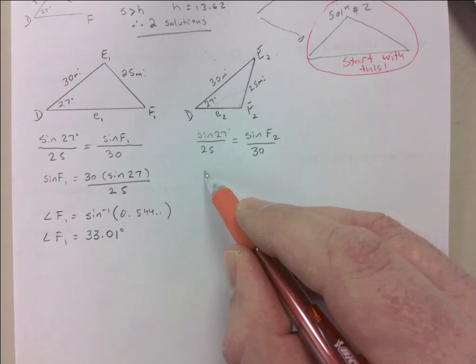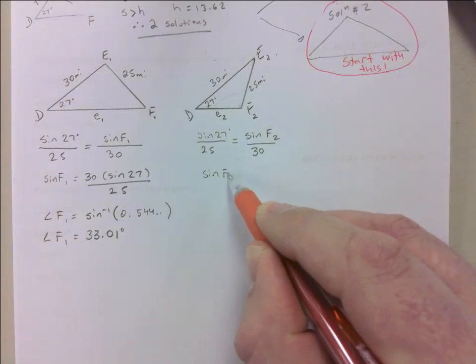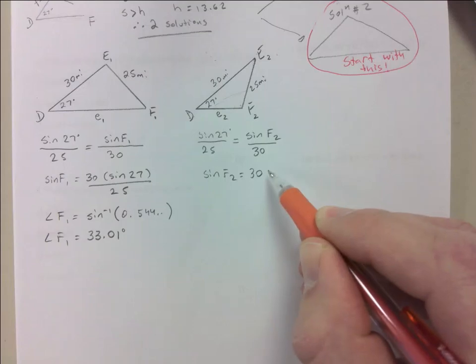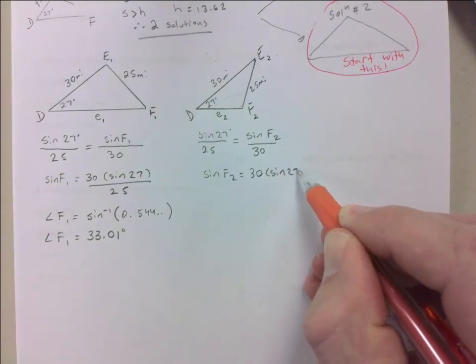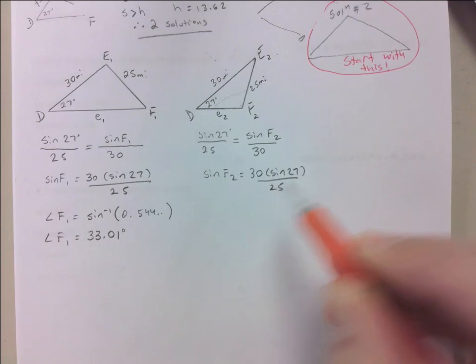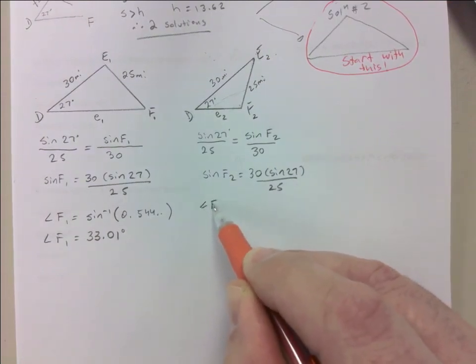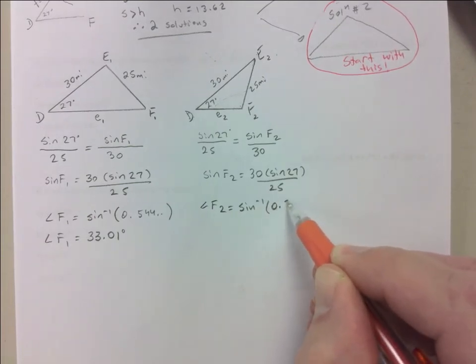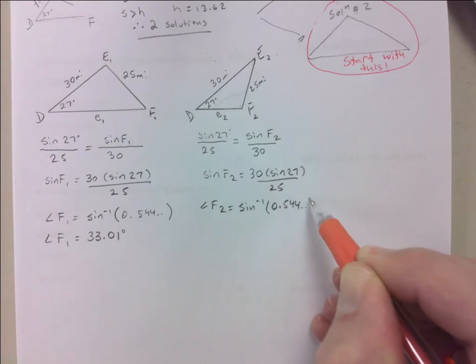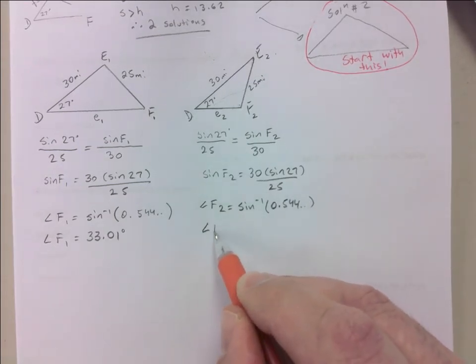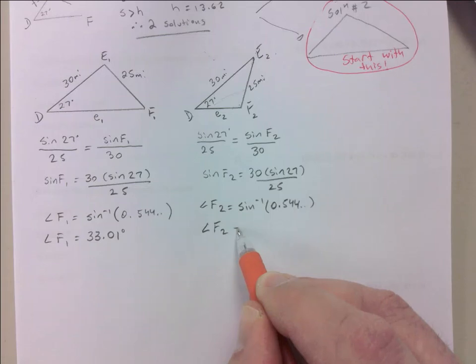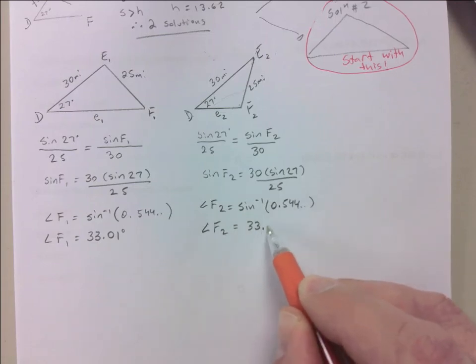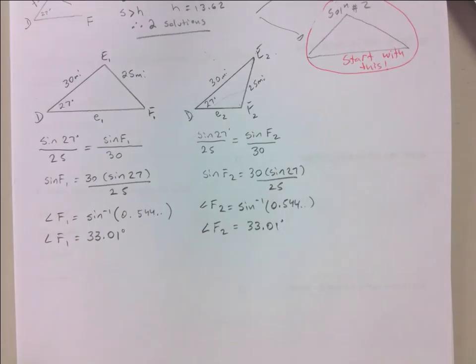We know that this is obtuse. So watch, I'm just going to show you this one time. 30 times sine of 27 divided by 25. Angle F2 is sine inverse of 0.544 something. Angle F2 is 33.01. What's going on here?